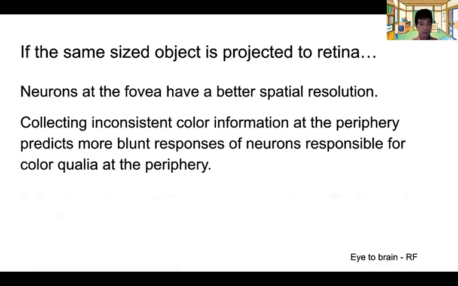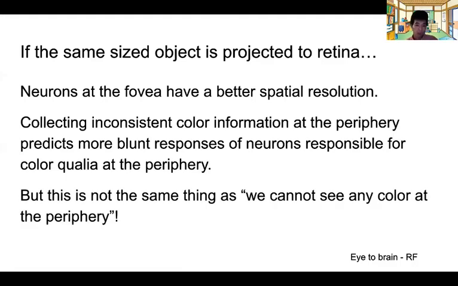But there is nothing magical about that. But this is not the same thing as the statement Dan Dennett made, that we cannot see color at the periphery, or that color extends over the edge of the vision. You can't make that kind of claim just from this type of argument.